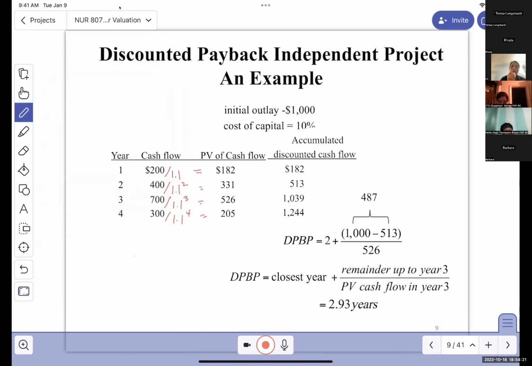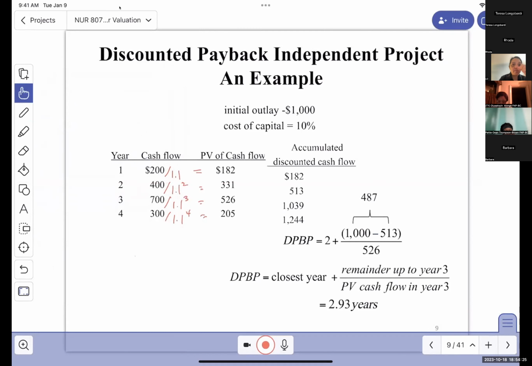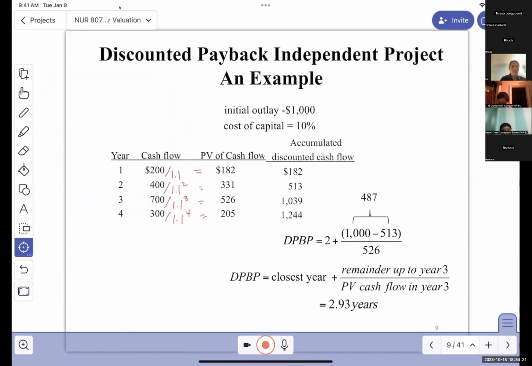All right. You see what I did there? So now I'm just going to use this column and I'm going to add. So the discounted cash flows in year one are 182. The accumulated discounted cash flows in year two, I have to add these two together to get that.